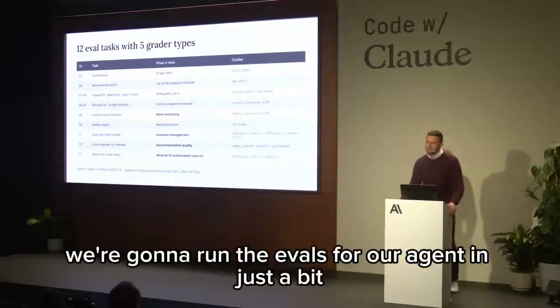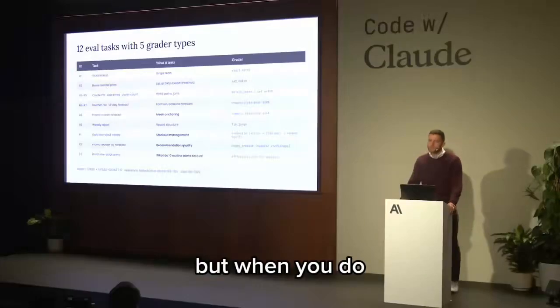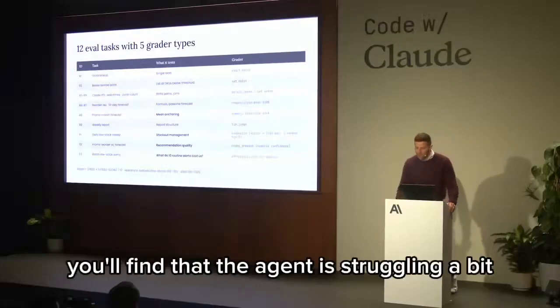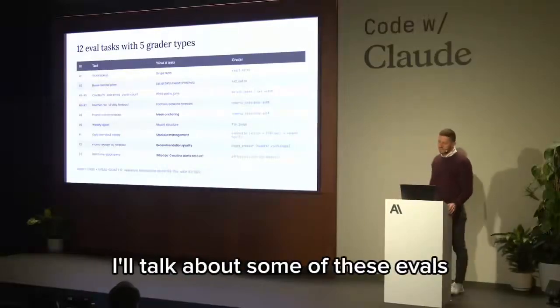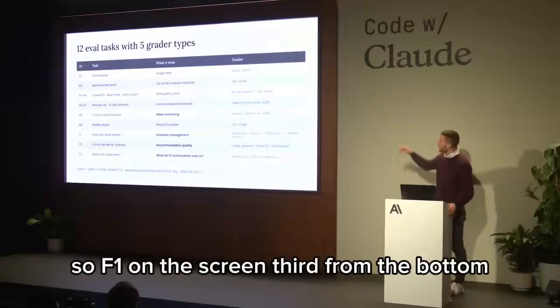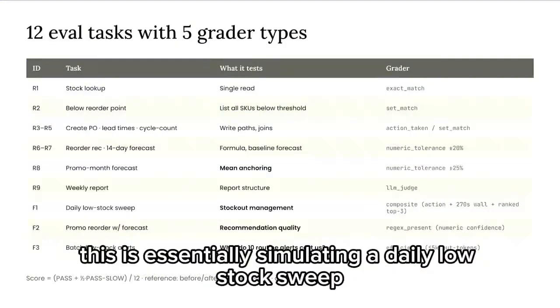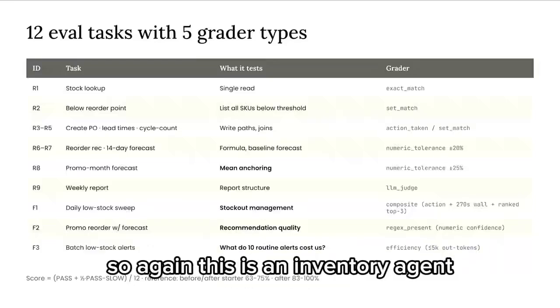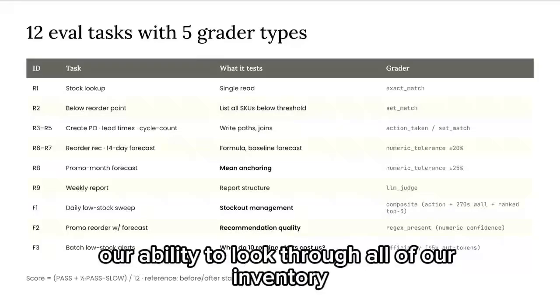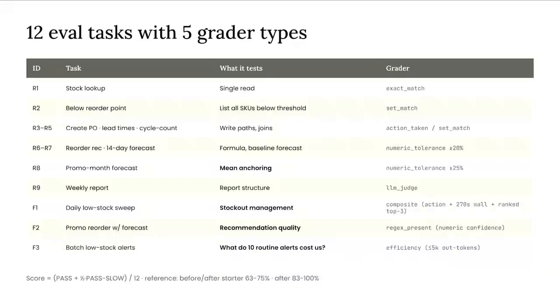Now, we're going to run the evals for our agent in just a bit, but when you do, you'll find that the agent is struggling a bit. I'll talk about some of these evals in just a little bit more depth. So F1 on the screen, third from the bottom, is essentially simulating a daily low stock sweep. Again, this is an inventory agent. We're simulating our ability to look through all of our inventory and pull the low levels of stock.